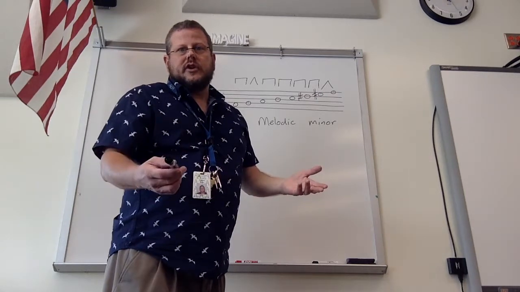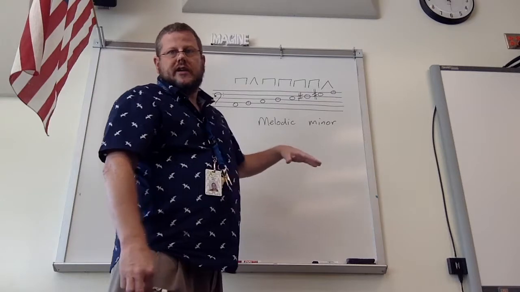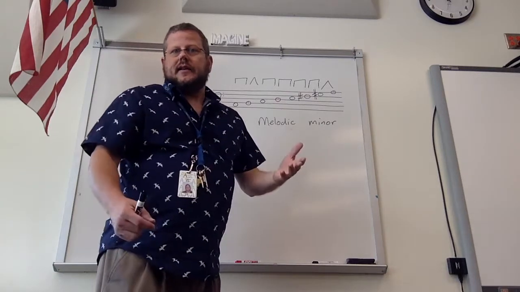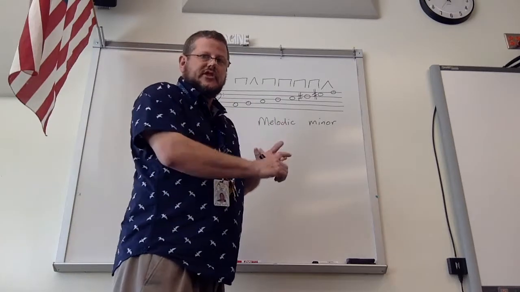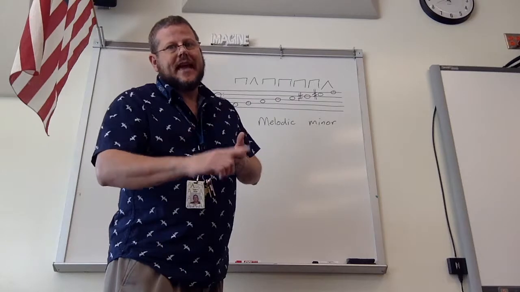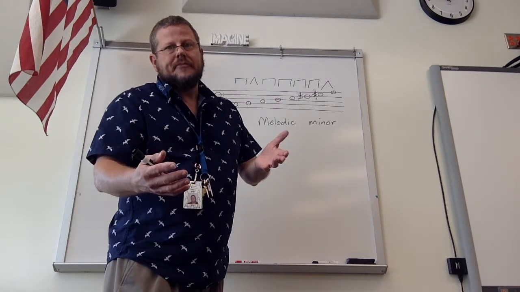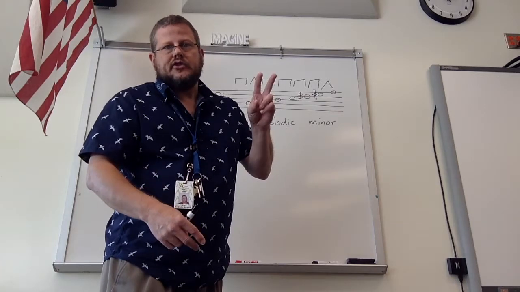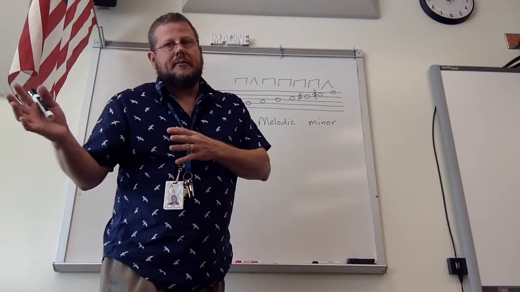Now, when you go to other keys, obviously, the key signatures will change. And I said in a previous class that your key signature will always have either just sharps or just flats. But that doesn't mean the scale will have just sharps or just flats. For instance, if I'm in the key of G minor, I have 2 flats, same as the relative major, B flat major.